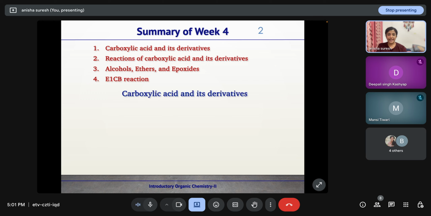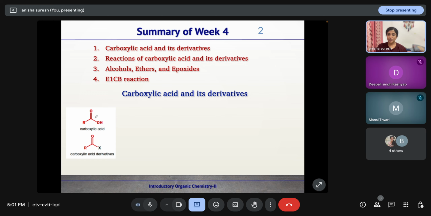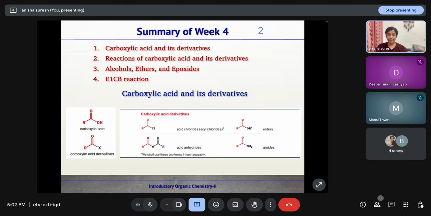Coming to carboxylic acid and its derivatives, this is the structure of carboxylic acid, R double bond O, OH. If this OH is replaced by any group, that is known as a carboxylic acid derivative. Examples are acid chloride, acid anhydride, esters, amides, etc. In an acid chloride, this X group will be Cl.